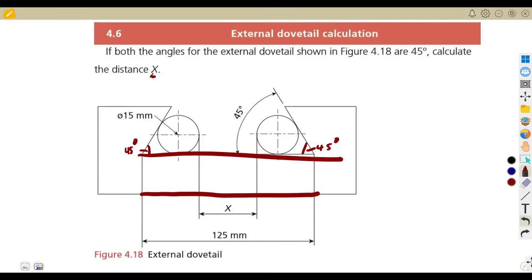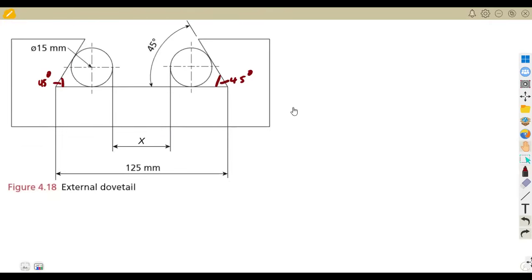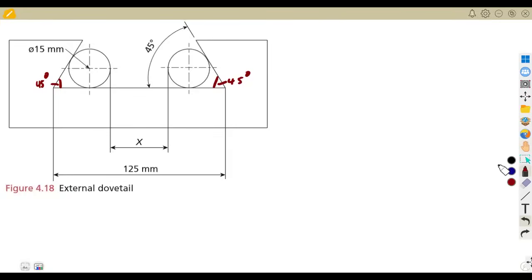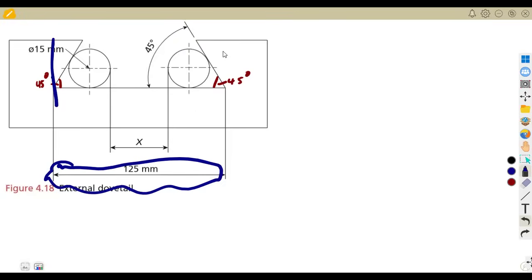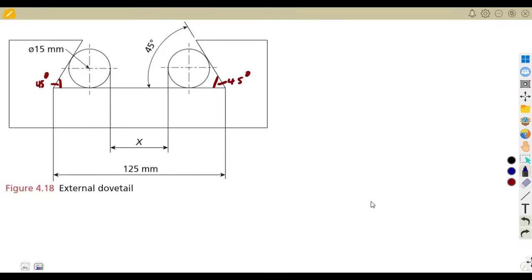So we have to work focusing our sight on the horizontal line. Remember, we are supposed to find x. On the horizontal line, you'll see that there is a distance of 125, which starts at the end and goes to the end. So this is the best to focus on.